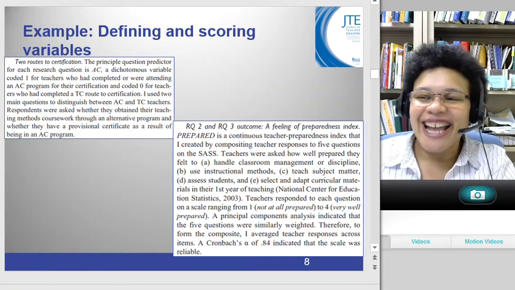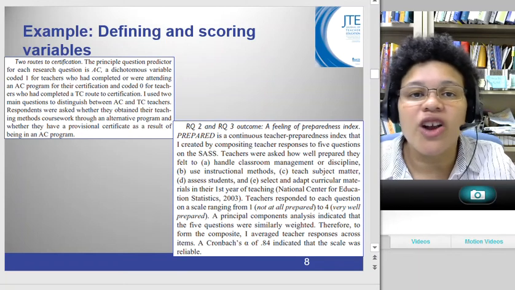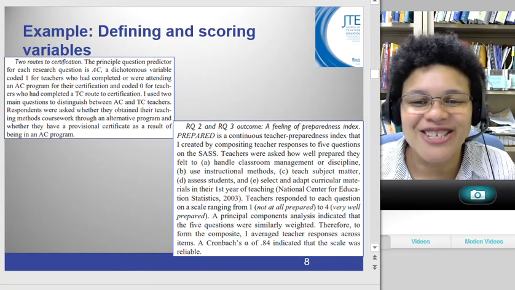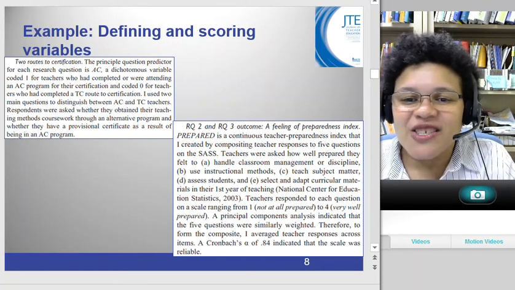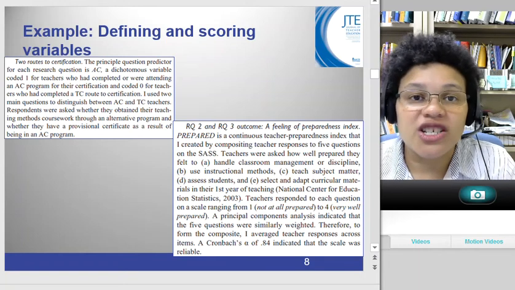And these national surveys come in handy when you are looking at an issue that it's hard to, as an individual researcher, go around and investigate yourself. Okay, and then I say what the two questions were.